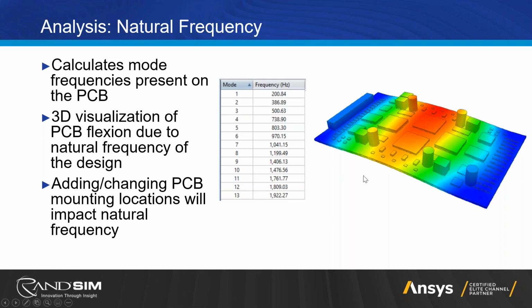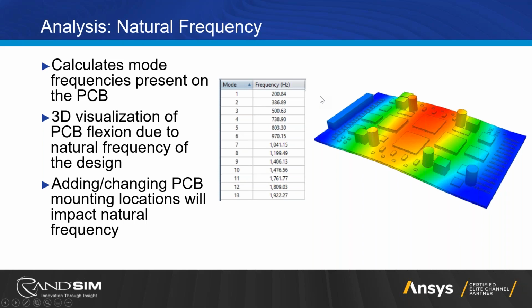So as you can see here, the mounting points are in these four corners. And what the natural frequency is doing is it's sweeping over a user-specified range of vibration or resonant frequencies, and it's generating the different modes that pop up, and it's giving you the representative frequency at that point.